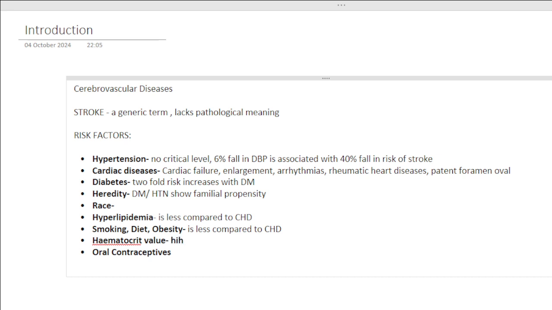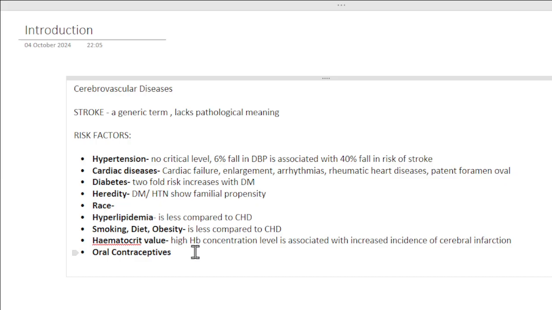So a high hemoglobin concentration level is associated with increased incidence of cerebral infarction. Cool. So you all understand now.